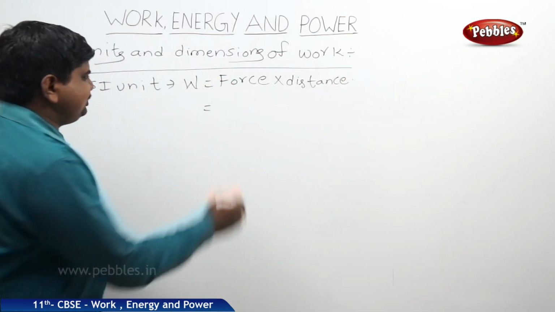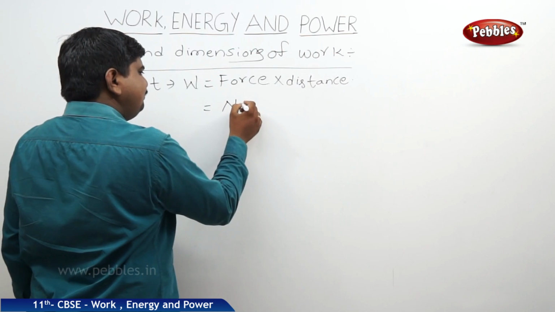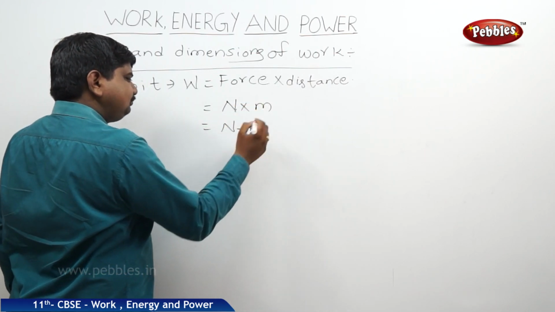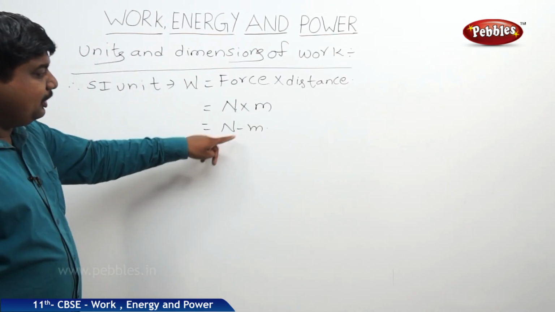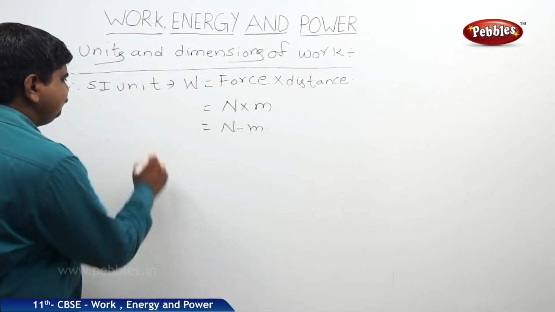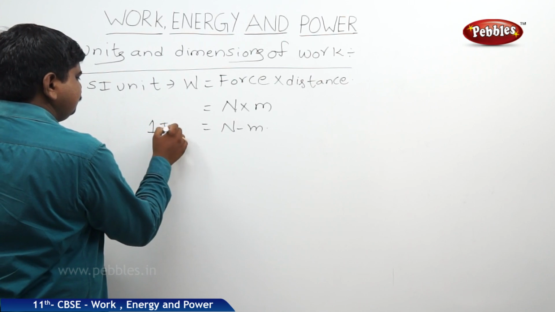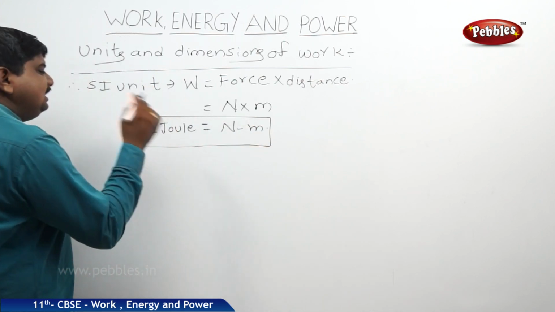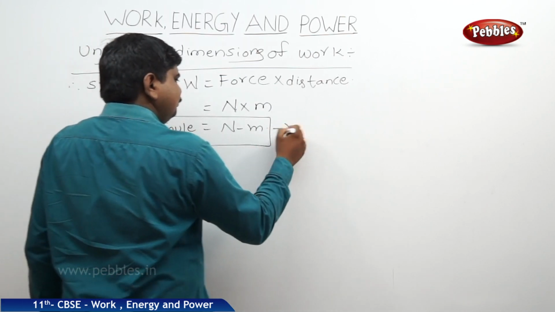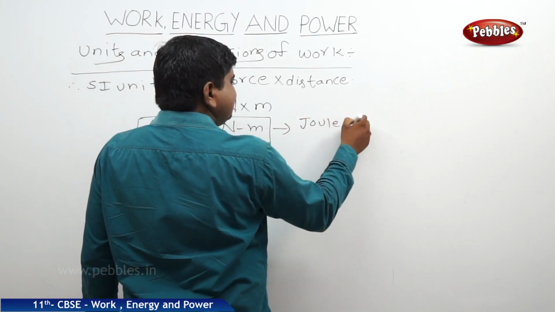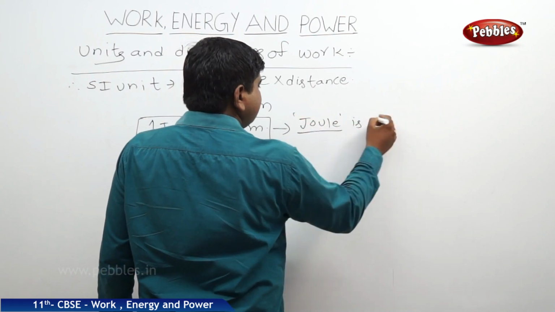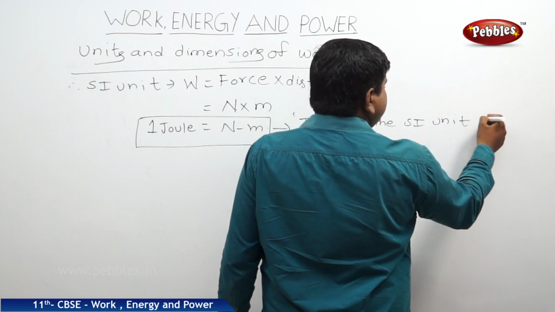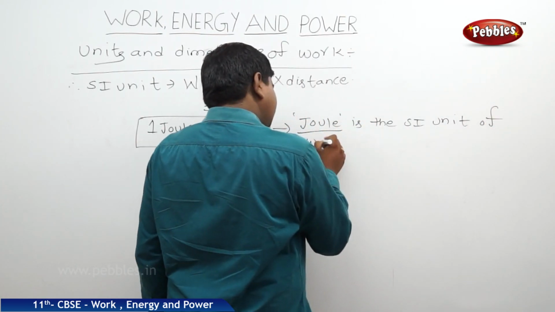The SI unit of force is Newton. The SI unit of distance is meter. So Newton meter. But 1 Newton meter is equal to 1 joule. So the SI unit of work done is joule.